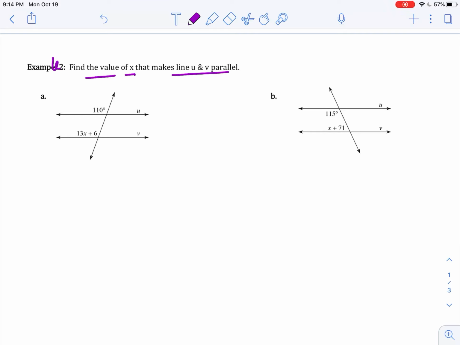Well, if the lines were going to be parallel in example 2a, then those two sets of angles would have to be congruent because, again, these are corresponding angles, and they're only congruent if I have parallel lines. So I have to figure out what I could plug in for x that would make 13x plus 6 equal to the 110. So set these equal to each other and figure out what x is.